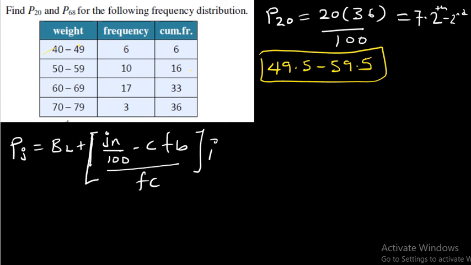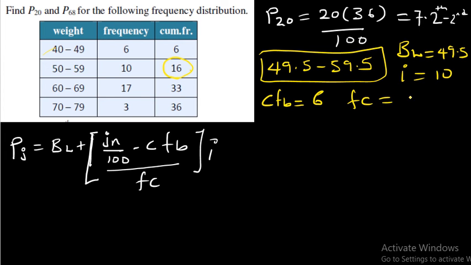Therefore, BL is 49.5, the interval is 10, CFB, the cumulative frequency before the class, is 6, and the frequency of the second class is 10.